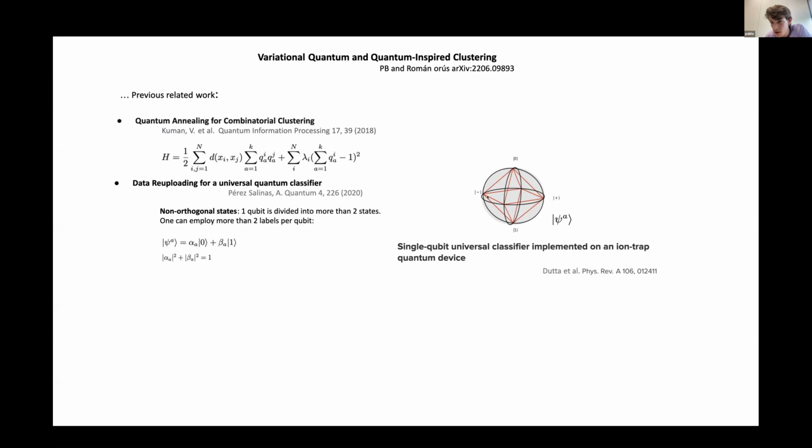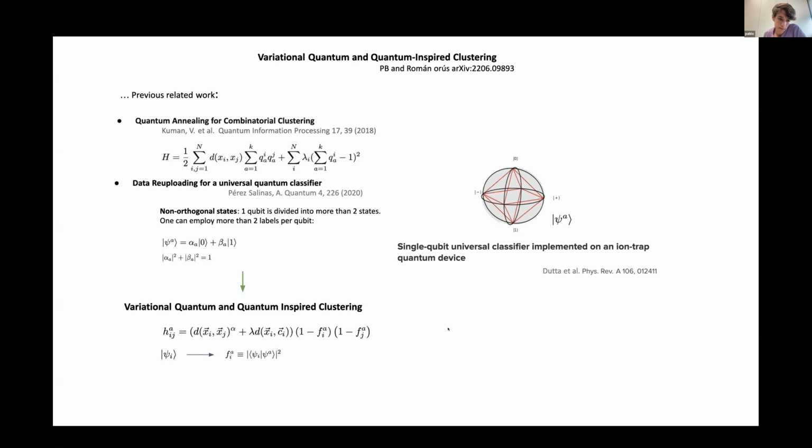And since this was kind of viable in terms of quantum resources, we wanted to merge this idea of non-orthogonal states and unsupervised methods, a gate-based clustering with these non-orthogonal states. This is the whole idea of our article.